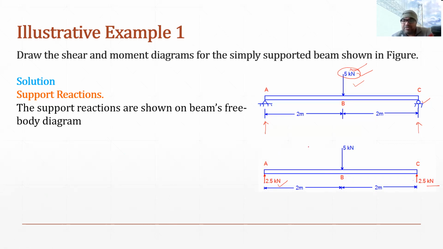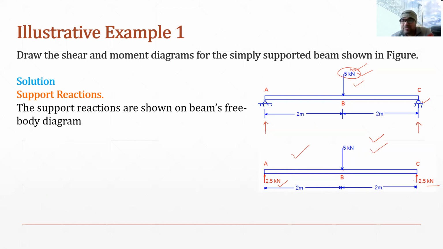Now by observing the free body diagram of this beam, we can say that this beam will have to be divided into two segments. There will be two functions of M and V. One function of M and V will be for segment AB, and the other will be for segment BC. Why?